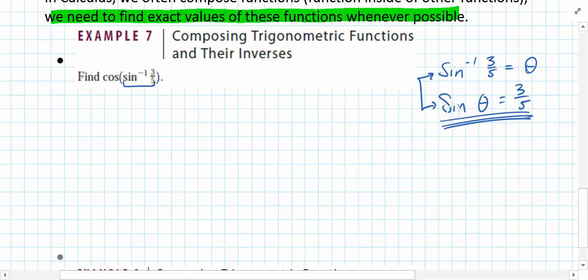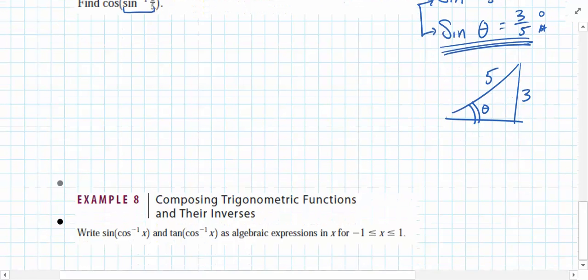Now this is telling us that sine of some angle measure is equal to 3/5. You can't forget that when we're dealing with sine, we're dealing with opposite over hypotenuse. So let's sketch a quick triangle here. If I have some angle measure theta, and I know that it's equal to 3/5, that means that the side lengths are 3 and 5.